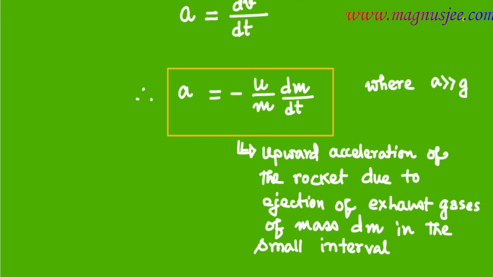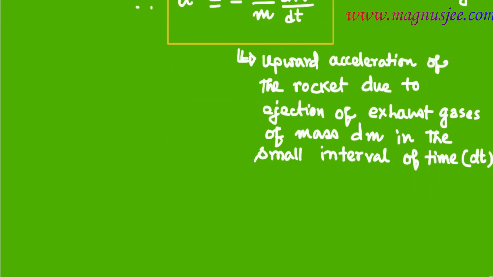Hence dm by dt is the rate of ejection of exhaust gases. In practice, in the expression of a, numerical value of dm by dt will be negative. That's why acceleration a will be positive.